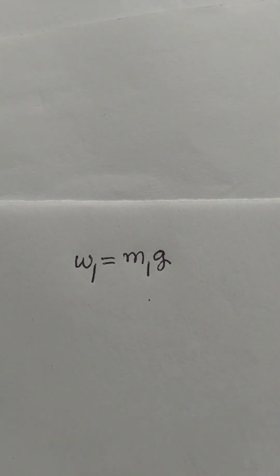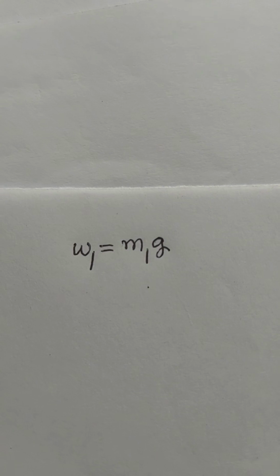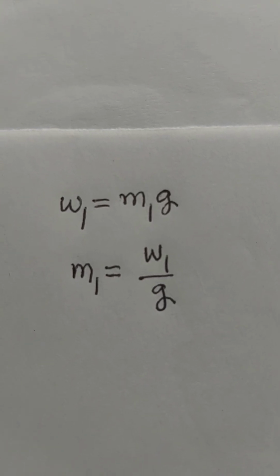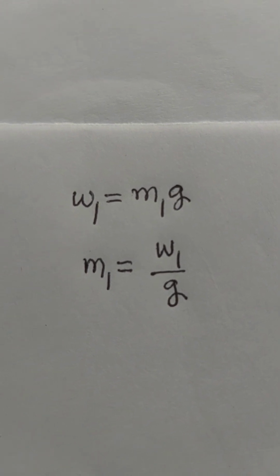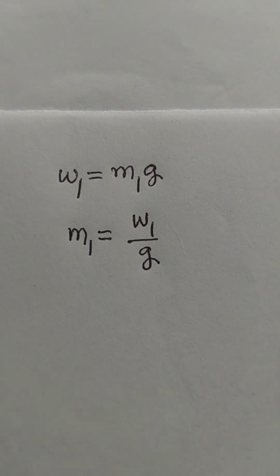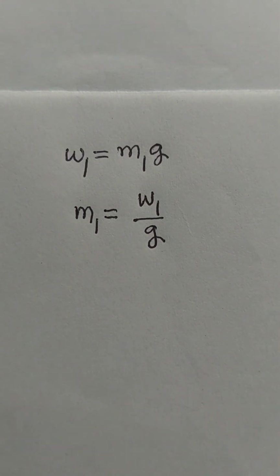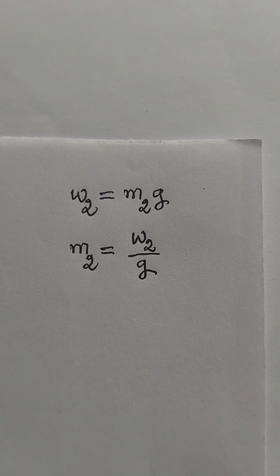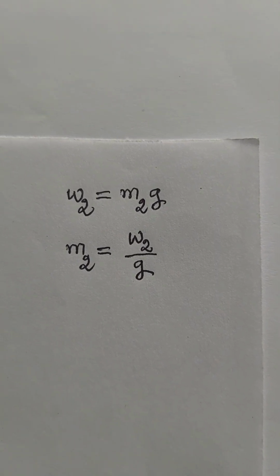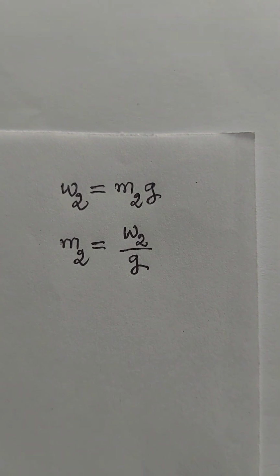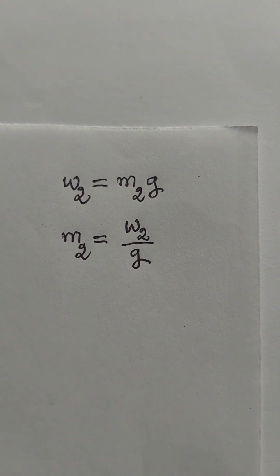So m1 equal to W1 divided by g. In the same way, W2 equal to m2 g, so m2 equal to W2 by g.